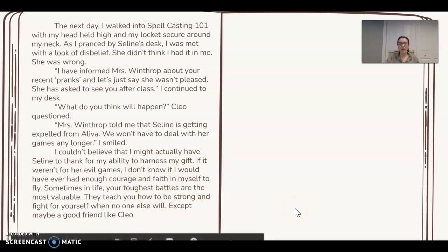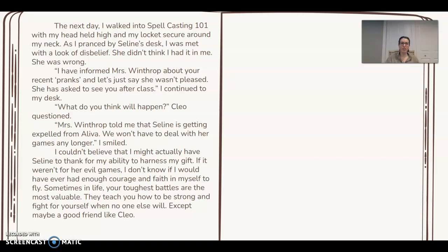Now, we want to avoid cliches when we are writing conclusions. So you don't necessarily want to say, I learned my lesson to always have faith in myself, or I learned to always persevere, because those phrases can become quite overdone. So there are ways to express that sentiment by using different phrasing, just like I did here.